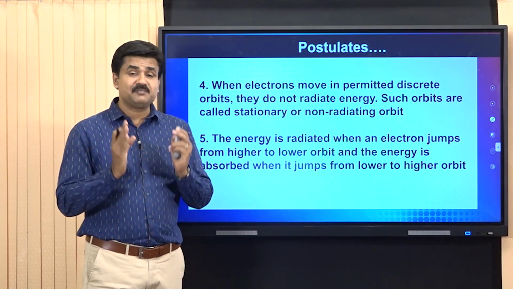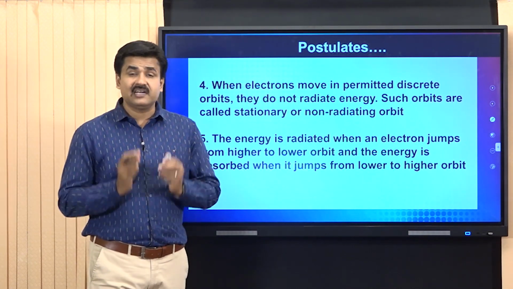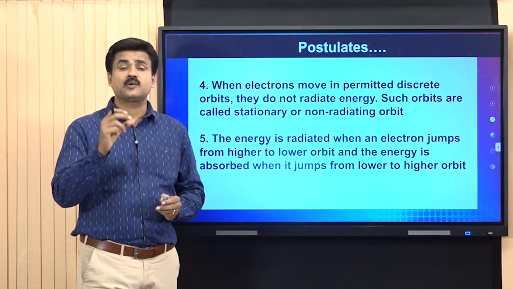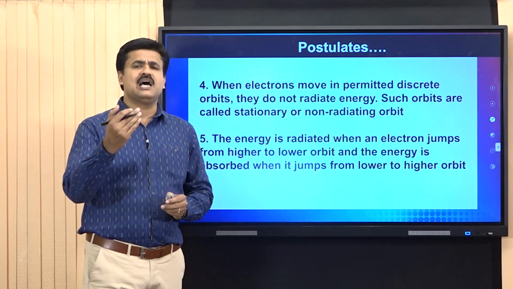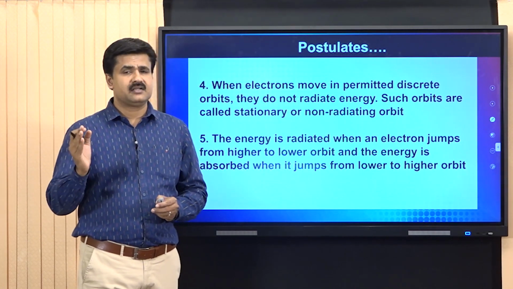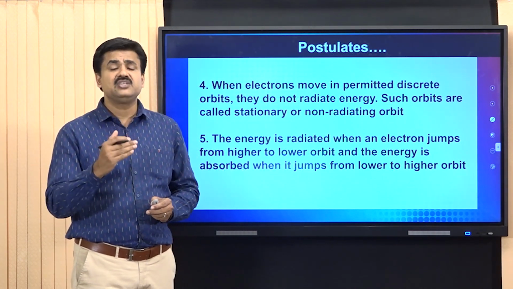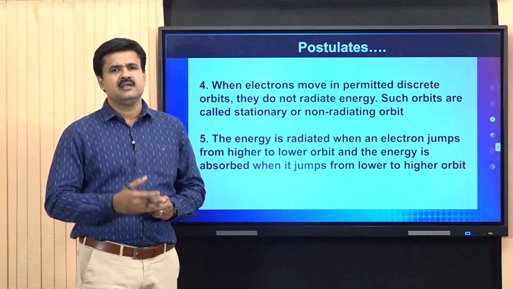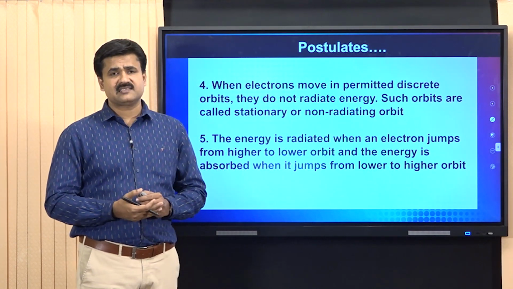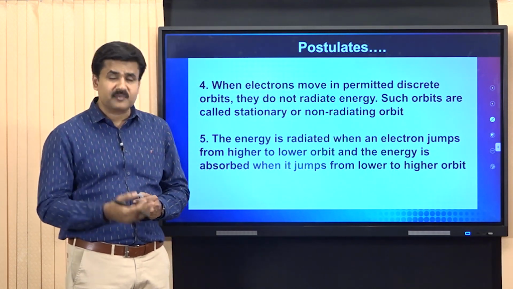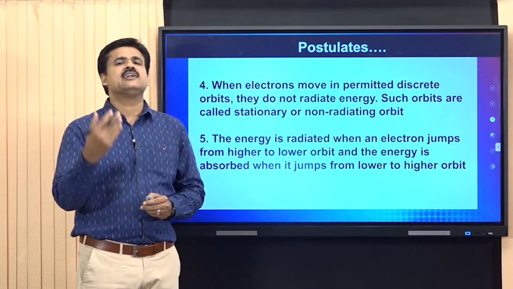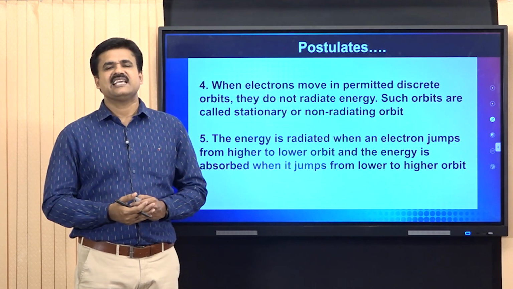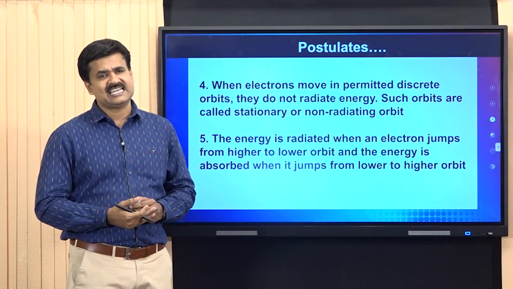This postulate implies that an electron present in a particular energy level can go to any other level by absorbing or liberating the energy difference between the orbits. To go to higher shells or orbits, the electron has to absorb energy, and for coming down, the electron has to liberate its energy.